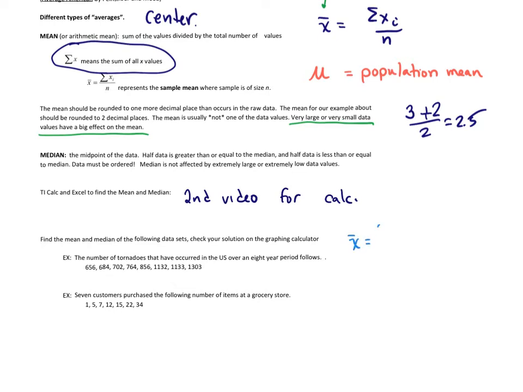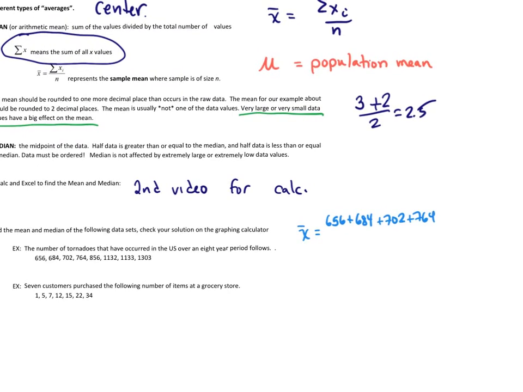So for the sample mean, we will take all these numbers: 656, 684, 702, 764, 856, 1132, 1133, and 1303, and then we will divide this by 8, because there are 8 data pieces in your data set.